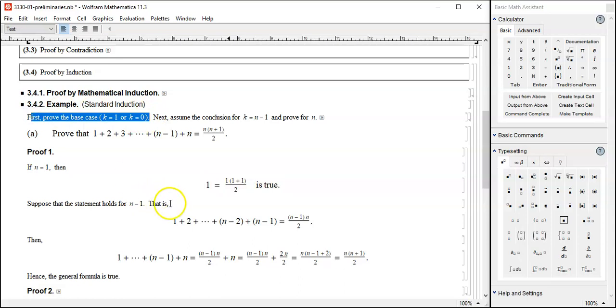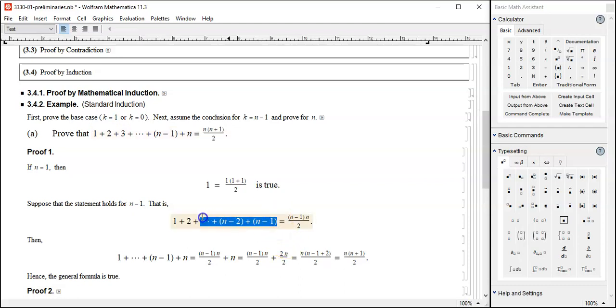Next, assume for n-1 and prove for n. So for this statement, assume for n-1. So 1 plus 2 plus 3 plus all the way up to n-1. And then here, I have to replace n by n-1.